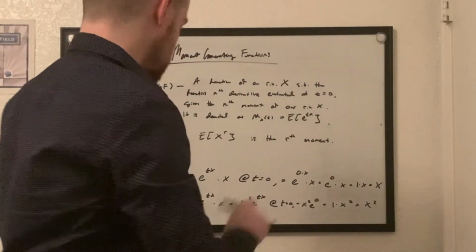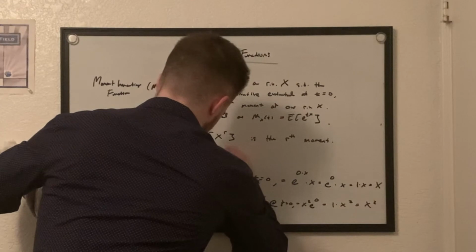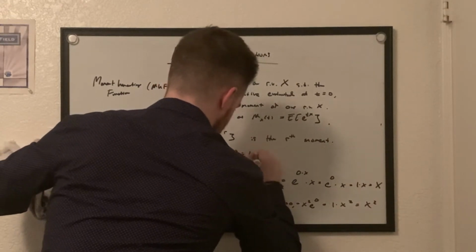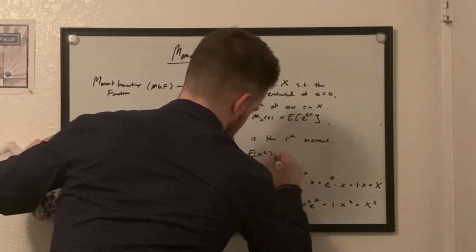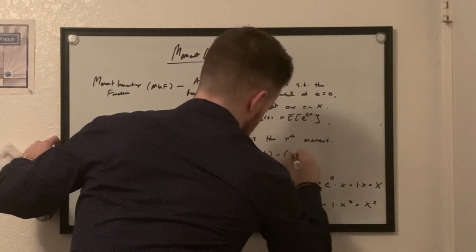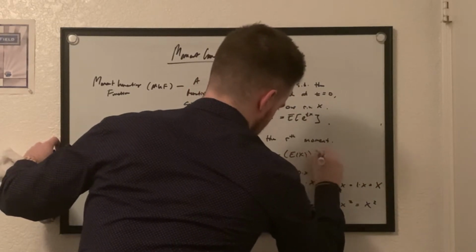And if you recall, the variance of x is equal to the expected value of x squared minus the expected value of x, squared.